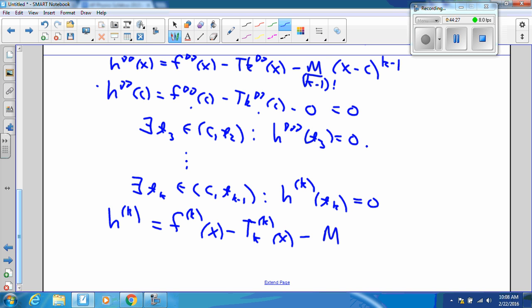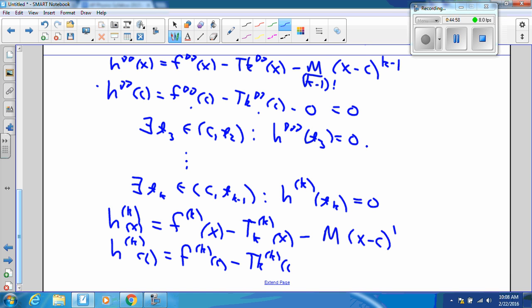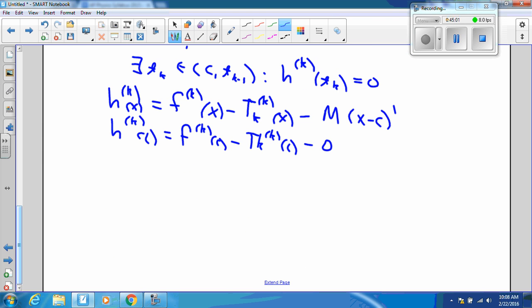The k derivatives is going to give me just 1 factorial. Here we start with k plus 1, subtracted 2, k derivatives will subtract, yep, 2 to 1 power. And this is the end of the line, because when I evaluate at c, I get the kth derivative of f at c minus the kth derivative of Tk at c, minus nothing. This is still 0 by the best estimate criterion.